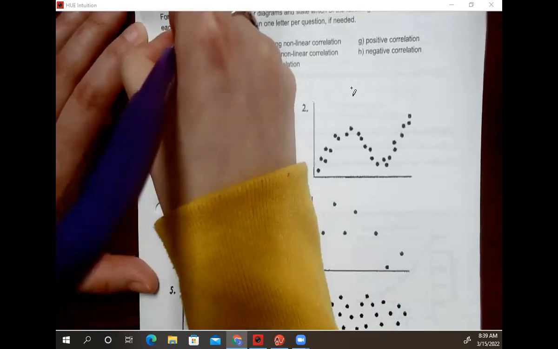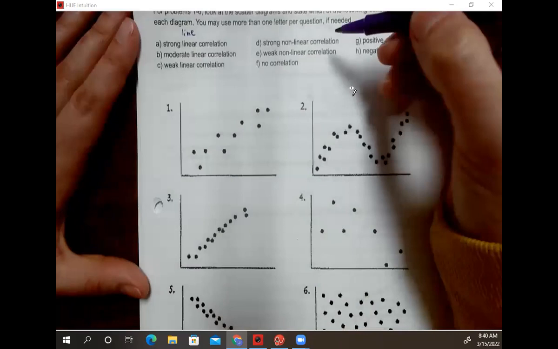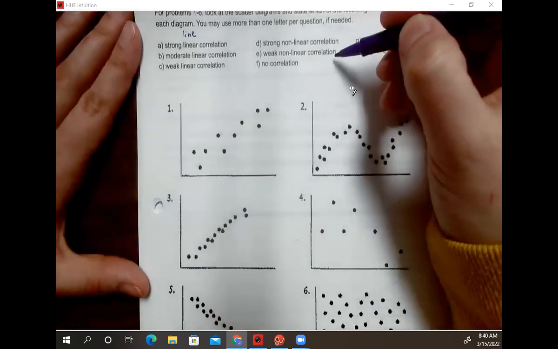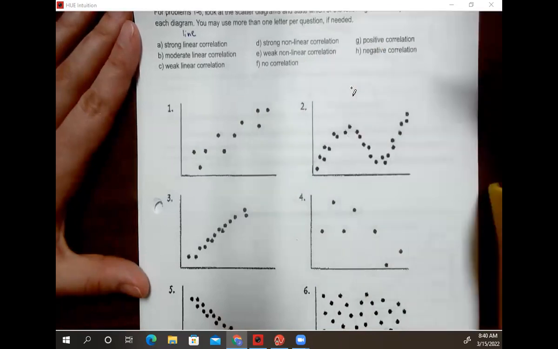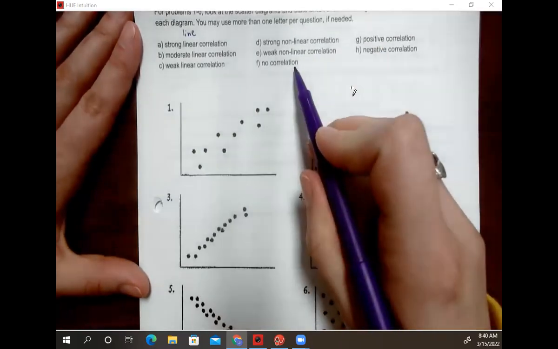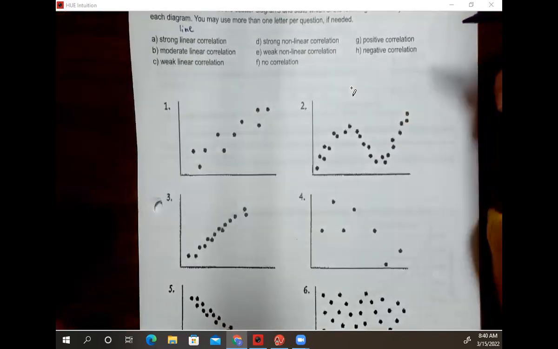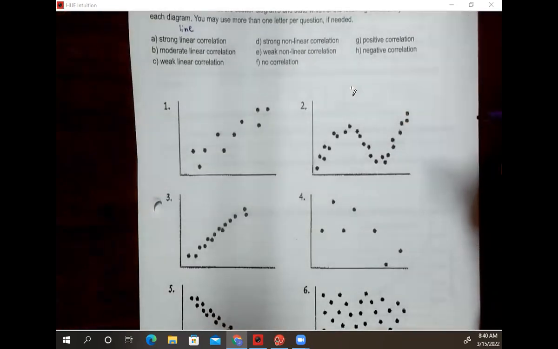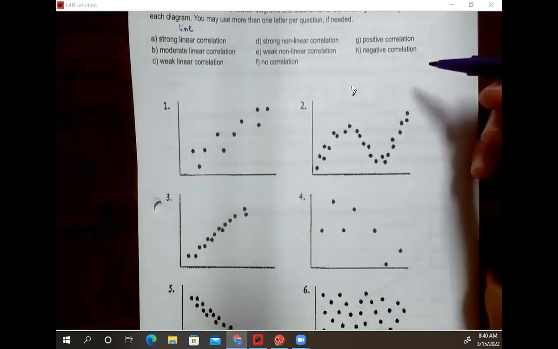Remember, linear means a line, so these would all be things that fall in a straight line. And then strong nonlinear, weak nonlinear, so things that clearly have a pattern but aren't a line. And then no correlation. There is no relationship that I can see here. And then we'll talk about positive versus negative correlations. So am I trending up or am I trending down, particularly if I've got a line?